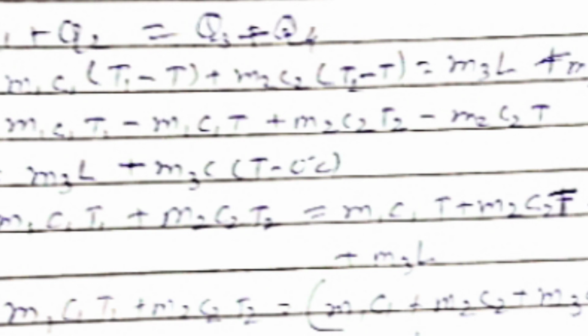When you open the bracket, children, all the subtraction terms I am taking to the other side. So what I am having here is M1C1T1 plus M2C2T2 is equal to M1C1T plus M2C2T plus M3L plus M3CT.